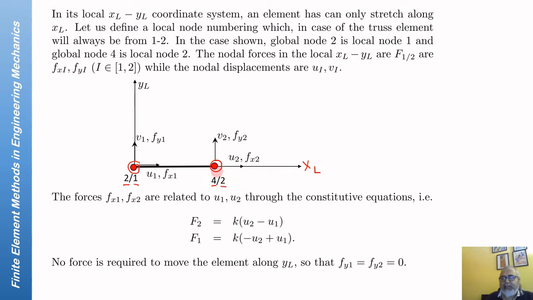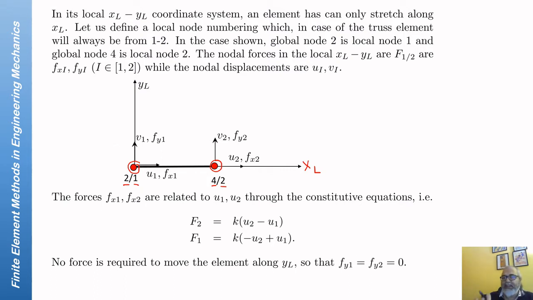And then there are 2 degrees of freedom at every node. So this node 2 can move in the XL direction or the YL direction. This also can move in the XL and YL directions, and we call them U2, V2, U1, V1. Remember, the XL, YL directions are actually rotated with respect to the global directions.